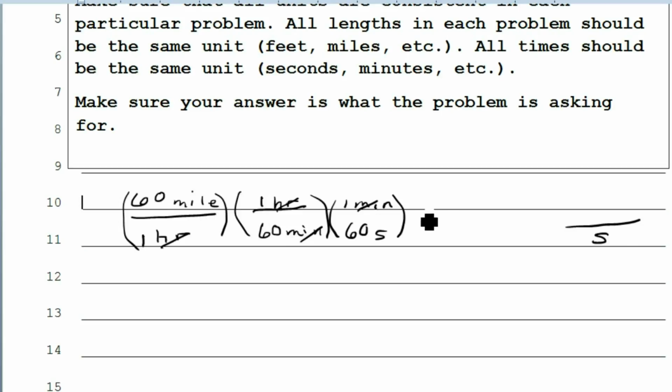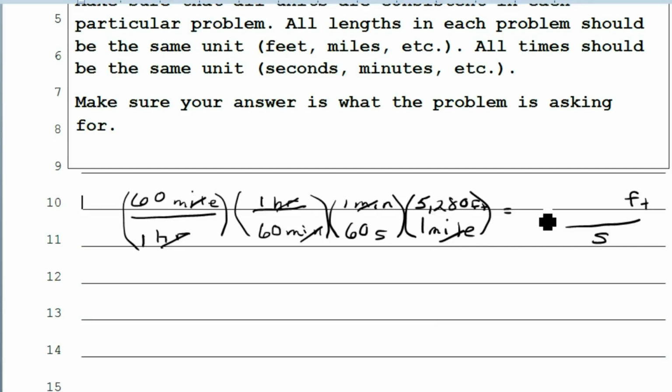And to get rid of the miles, we know that 1 mile is 5,280 feet. Mile on top cancels out the mile on the bottom. In the numerator, you're left with feet.